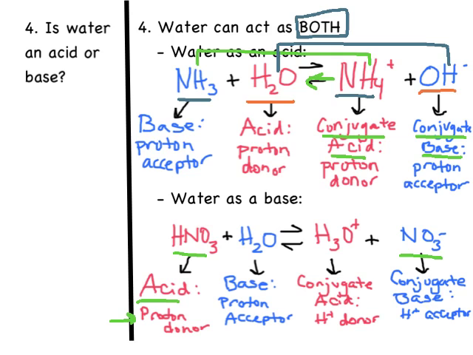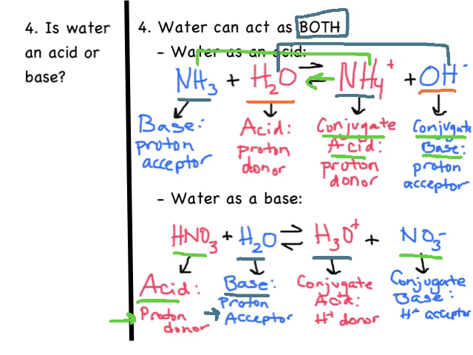Now water, on the other hand, starts out as H2O and ends up as H3O plus. So it got the hydrogen from the acid. If you're a proton acceptor, you're what's called a base. So in this case, water acts like a base because it goes from H2O to H3O plus.